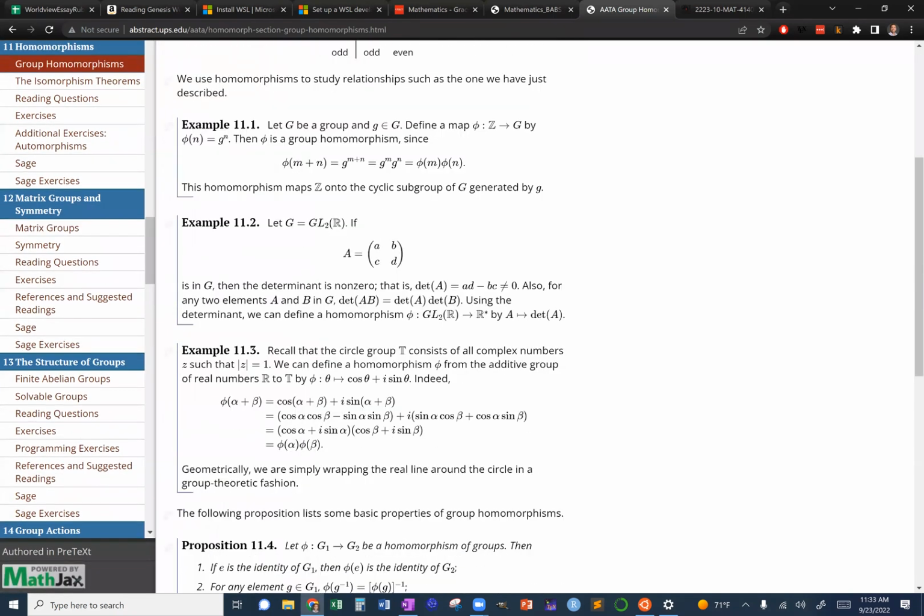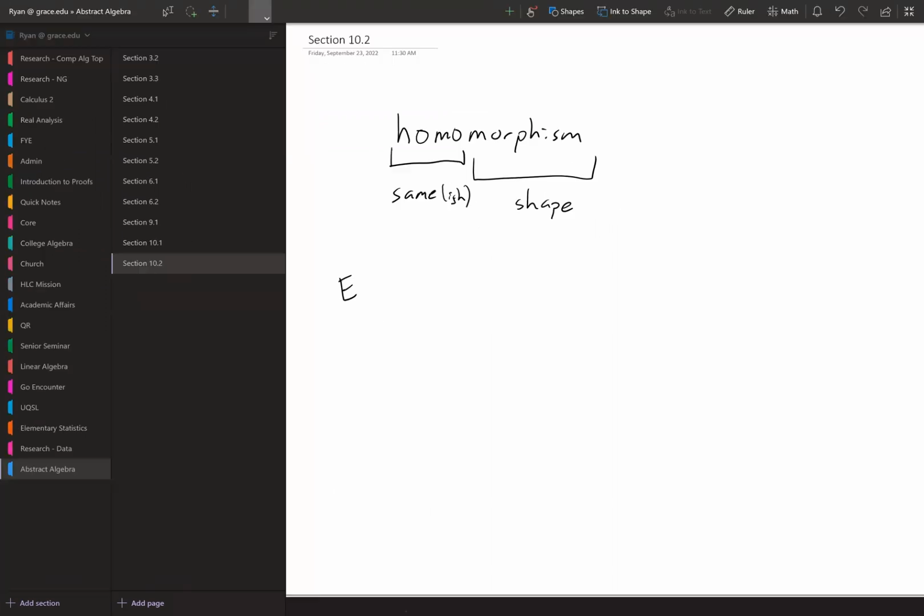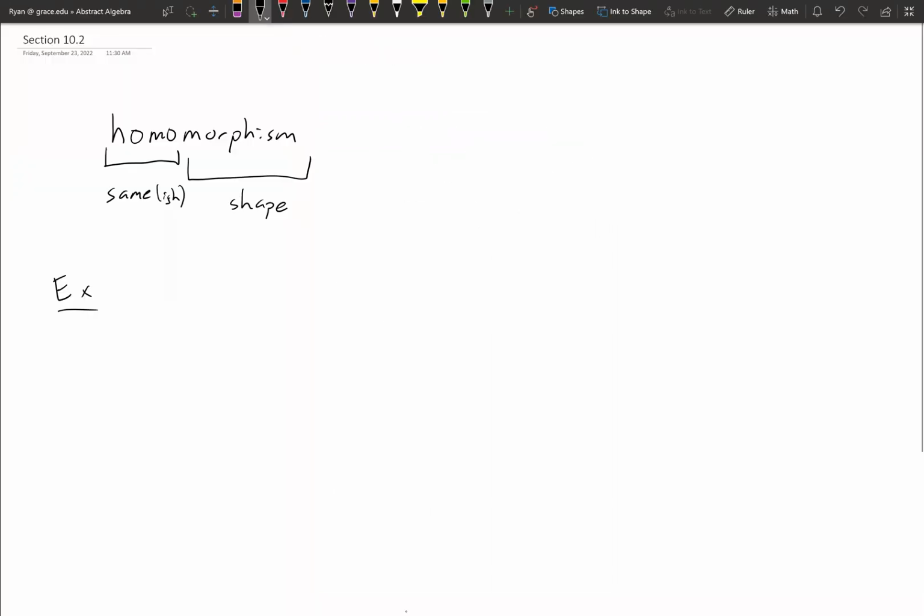So then, if we look at an example, we might be looking at G equals the general linear group of 2 by 2 matrices with the real numbers.